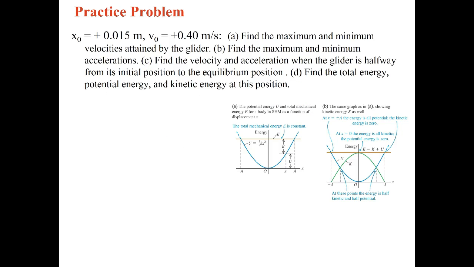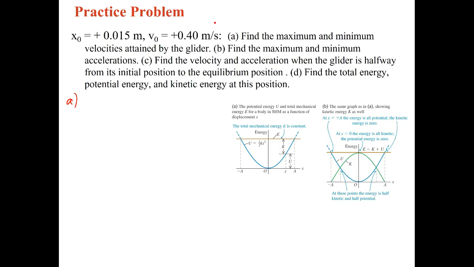So let's go back to this same practice problem that we had before, and let's find the maximum and minimum velocities attained by the glider, the max and min accelerations, the velocity and acceleration when we're halfway, the total energy, potential, and kinetic energy at this position. Now this is a lot of numbers, so we're not going to put all the numbers into this.